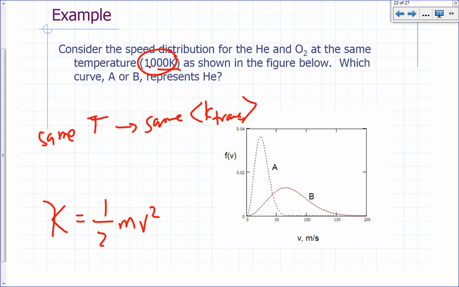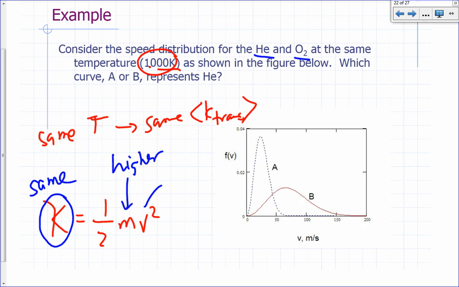So, what's the difference between helium and oxygen? If you're looking at the same kinetic energy, let's just compare the average helium molecule and the average oxygen molecule. If you have the same kinetic energy, the higher the mass, the slower the speed would have to be.